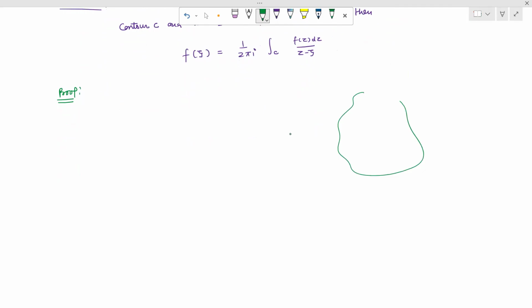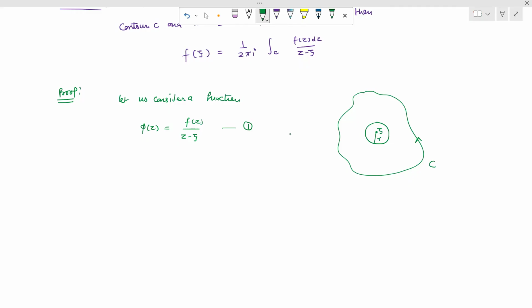So here we consider a curve. So this is a curve C. Now we take a point zeta which lies inside the curve C and having radius r. So let us consider a function phi(z) equal to f(z) upon z minus zeta.